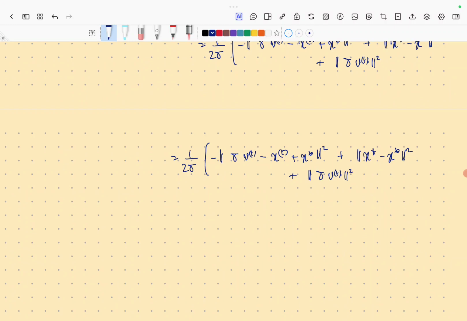So basically norm x1 minus x2 squared is norm x1 squared plus norm x2 squared minus 2 times the inner product between x1 and x2. This is the cosine rule. That's exactly what I've done, just rearranged.